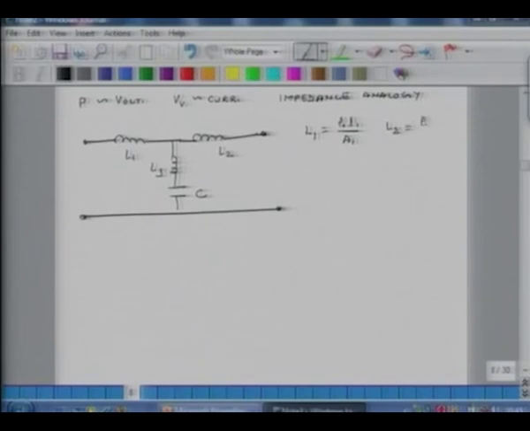L2 is rho naught L2 over A2. L3 is rho naught L3 over A3. And capacitance is volume over rho naught c square. Okay. The through variable, as we talked, is Vv, and here I am measuring Vvo. So the question is, what is Vvo over Vv, magnitude of this?